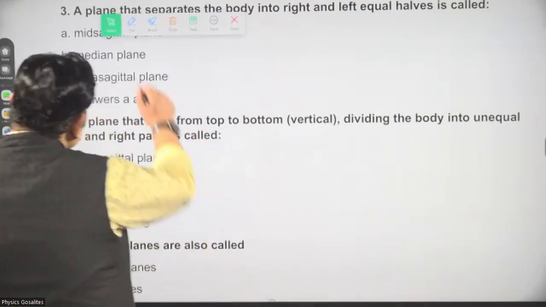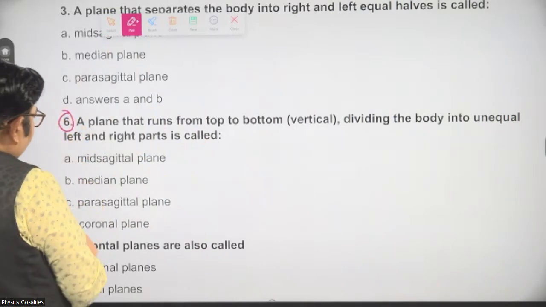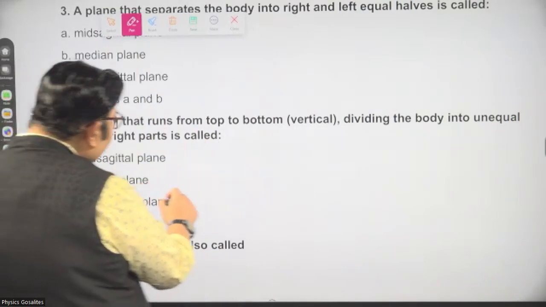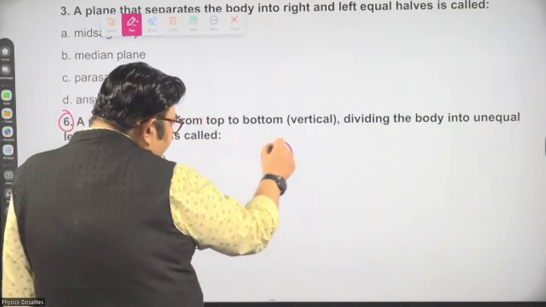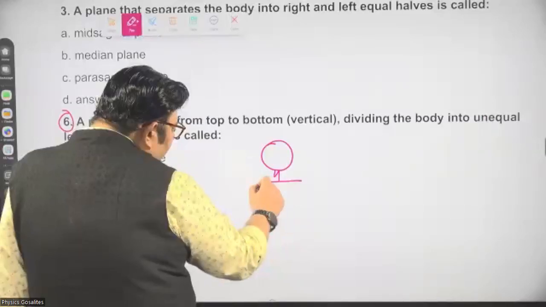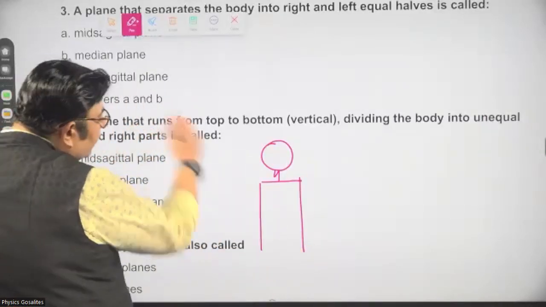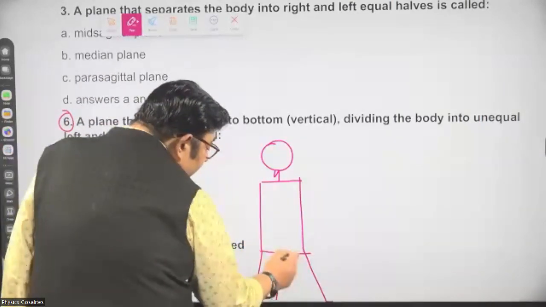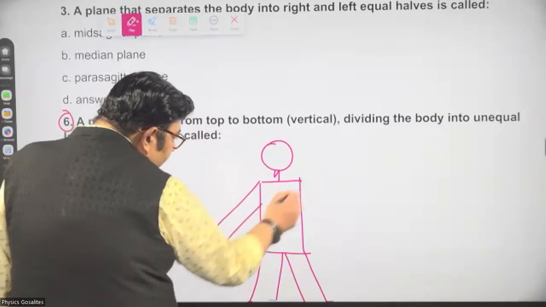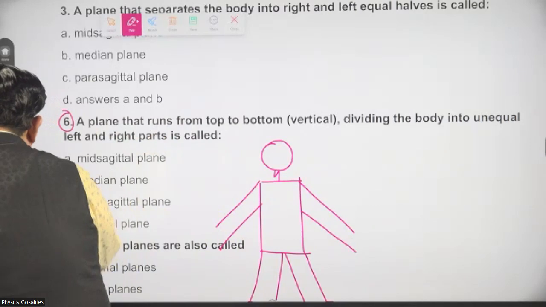Yes, correct answer. Let me tell you, the correct answer here, in question number 6 we are doing, they are saying the plane runs from top to bottom, but it divides the body into two unequal left and right parts. Already we know there is a plane known as the median plane.